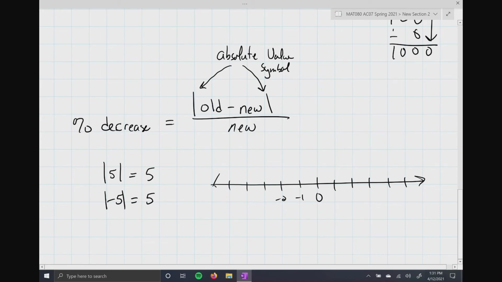So if I have a number line, and I were to label the 5 and negative 5. So here's 5 right here. It's all the way to the right. And negative 5 is all the way to the left.